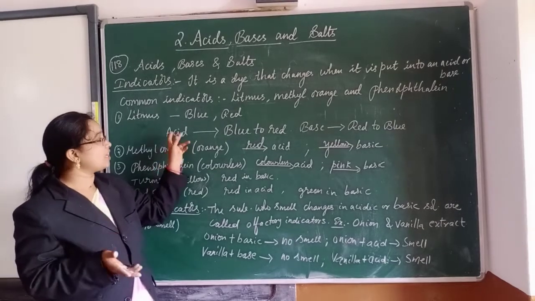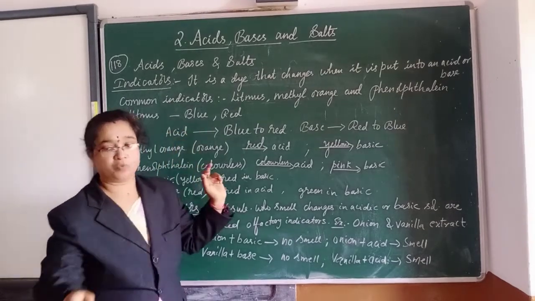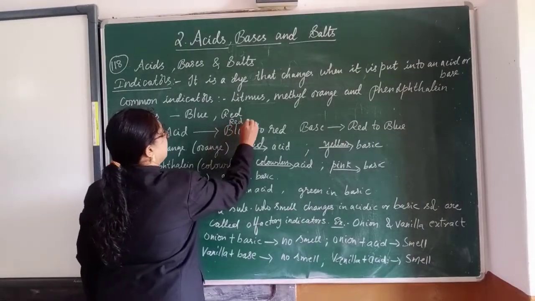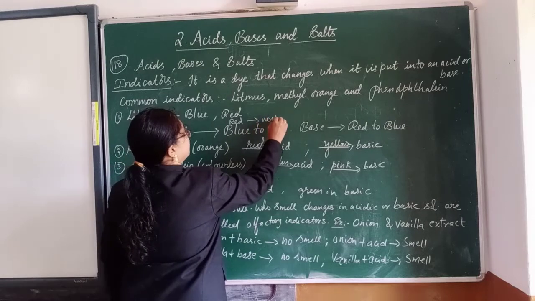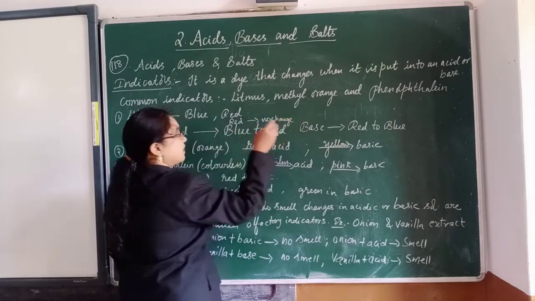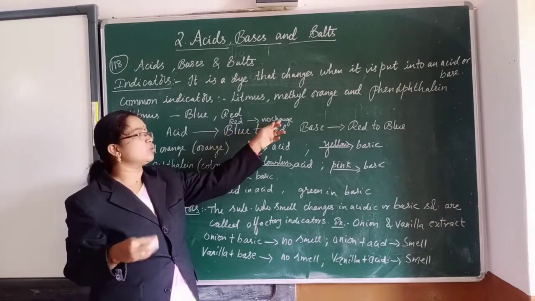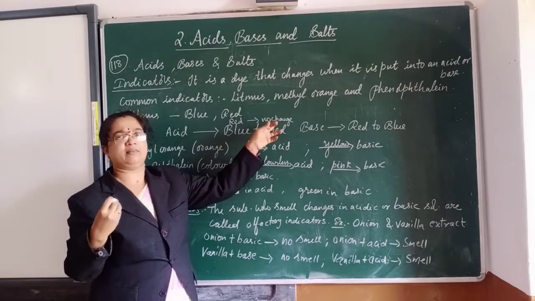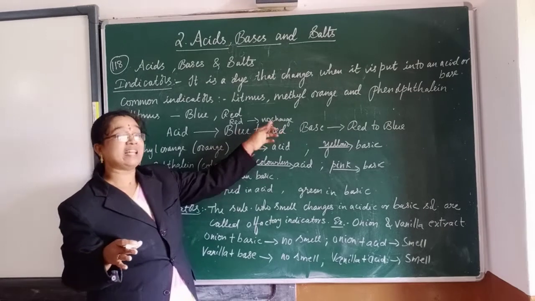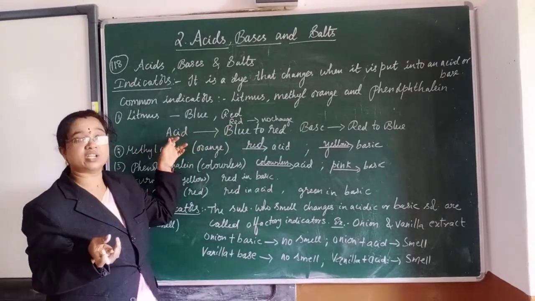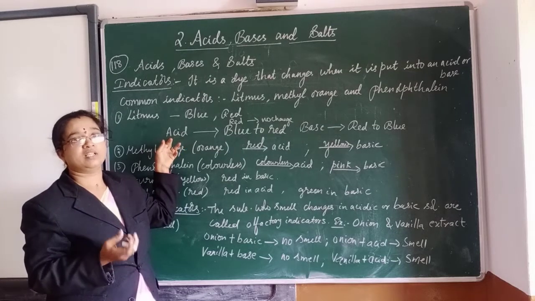Or if you take red litmus paper and put it in the solution, and there is no change, the red color stays as it is, then in that case also we can consider that the solution is an acid. Clear?